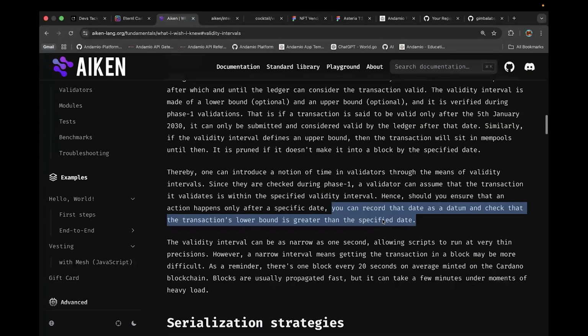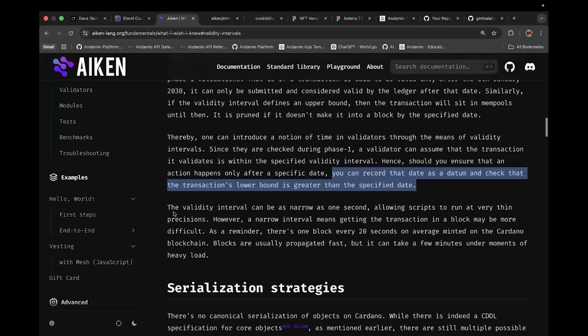Yes. The validity interval can be as narrow as 1 second, allowing scripts to run at a very thin precision. Oh, I see.